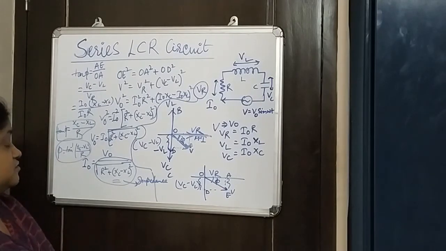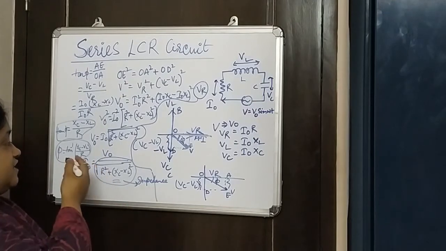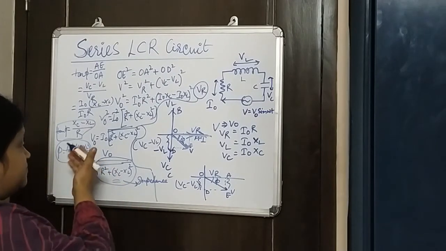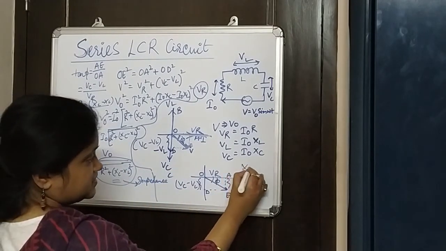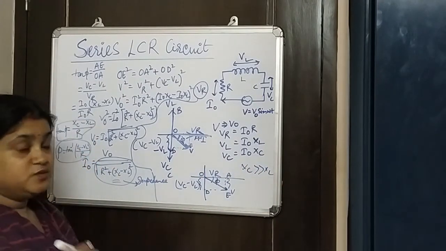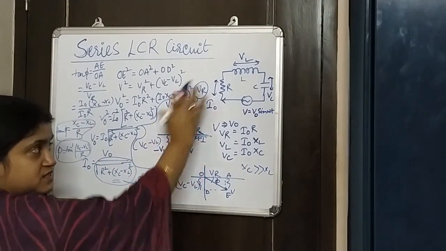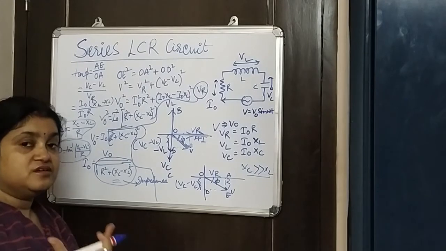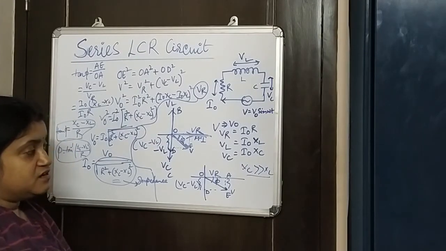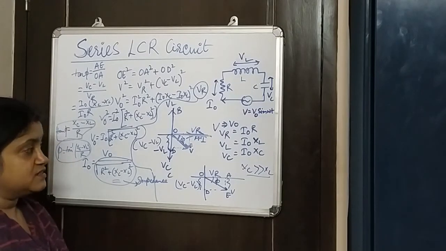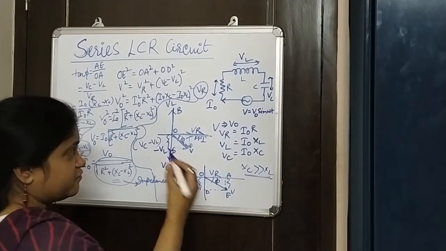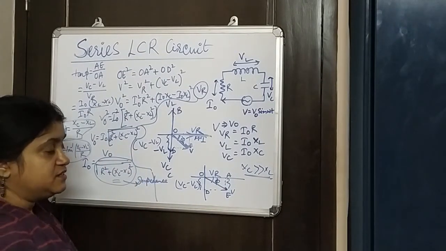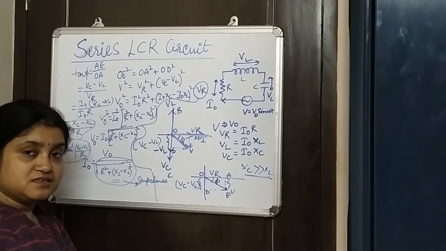If XC is greater than XL, then this whole circuit tries to become like a capacitive circuit, meaning it is dominating on capacitor circuits. In this case the same thing happens which happened during the capacitor circuit, that is the voltage lags the current.